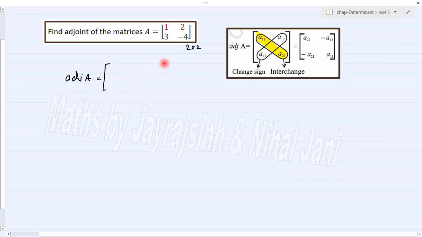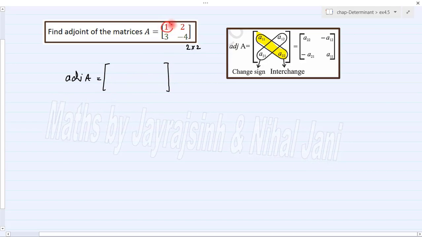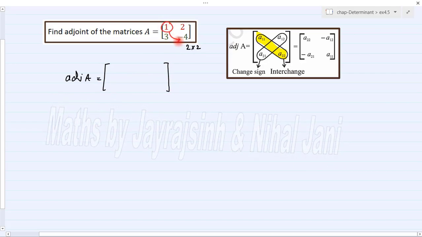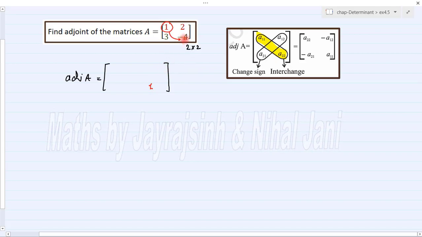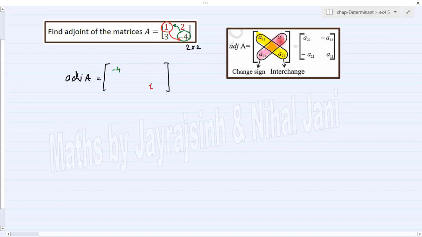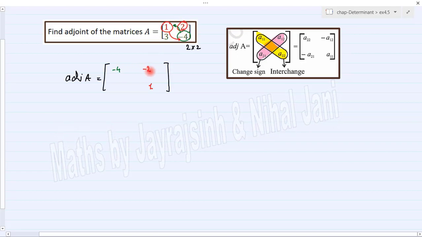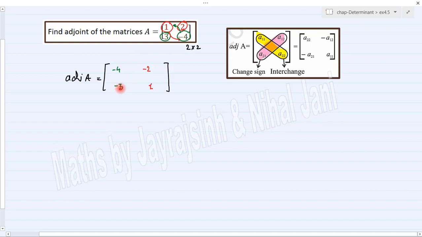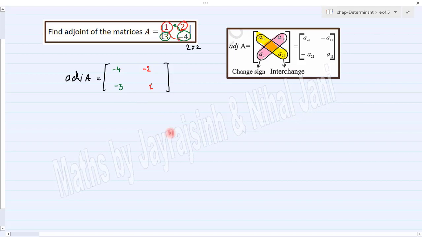That means your 1 will move to A22 and this minus 4 will move to A11. And the next step is change the sign of rest of the elements. So this 2 will become minus 2 and this 3 will become minus 3. So we get our required adjoint of A, and this will be helpful to find out inverse of matrix. Ta-da!